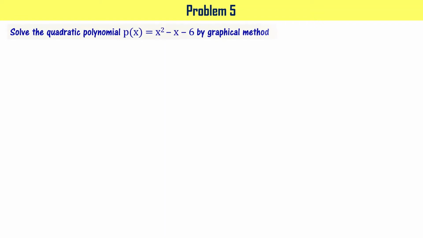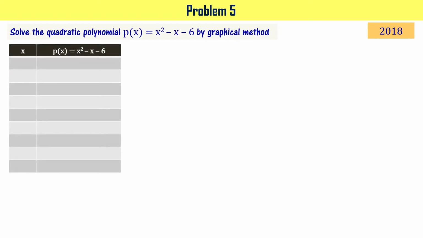Let us solve the next problem, that is problem number 5. Solve the quadratic polynomial p of x equal to x square minus x minus 6 by graphical method. This is from year 2018. We know that to plot the graph, first we have to obtain values of p of x for different values of x, right? Now the question is what values of x I have to choose.